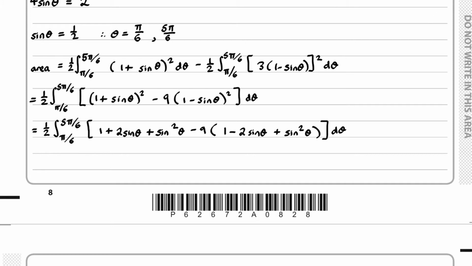And our goal obviously is to evaluate all of this in between pi over 6 and 5 pi over 6.